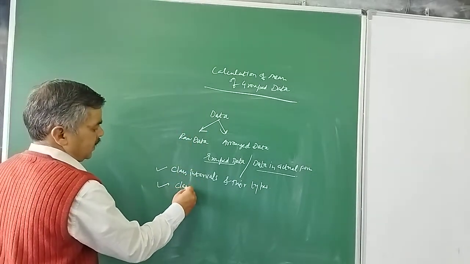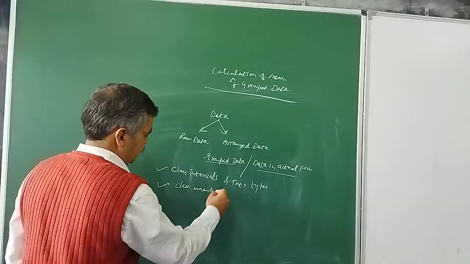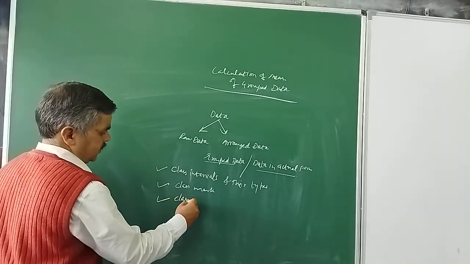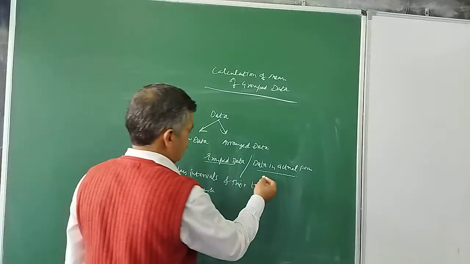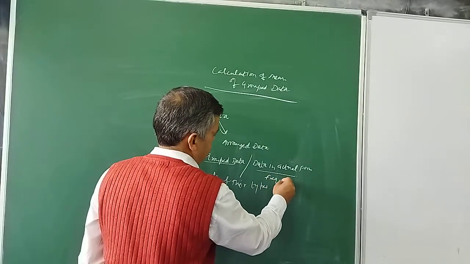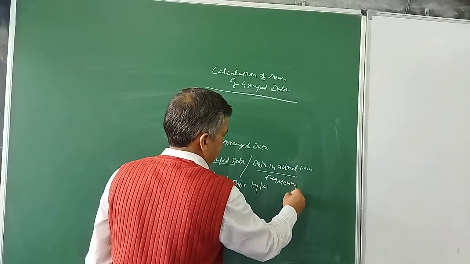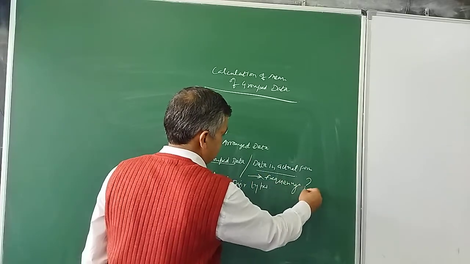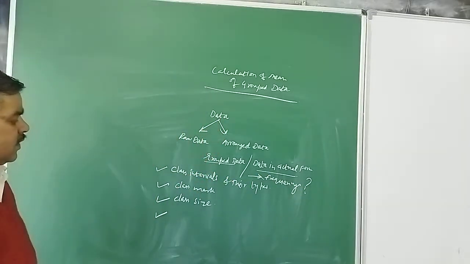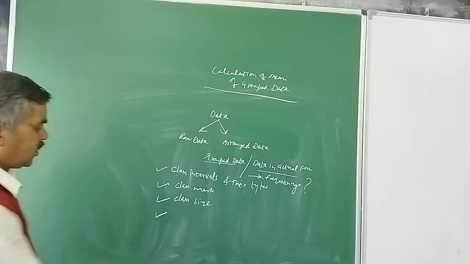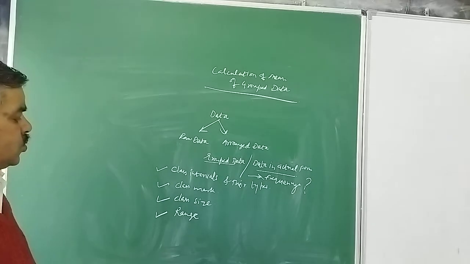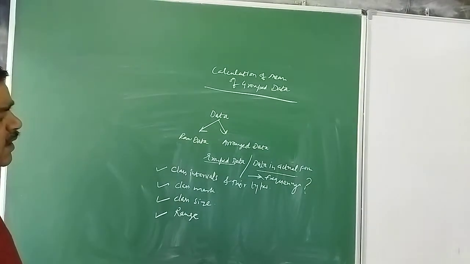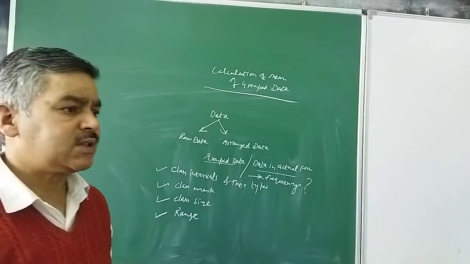What do you mean by class mark, class size? Somewhere you can also add the word frequency. What are frequencies? Class interval, class mark, class size, and then range is also there. You need to clarify a few of these terms: primary data, secondary data, which you have already discussed in your previous classes.